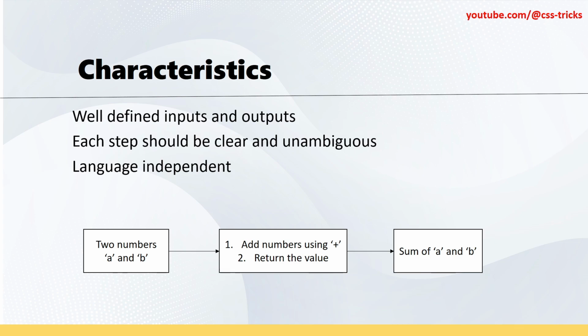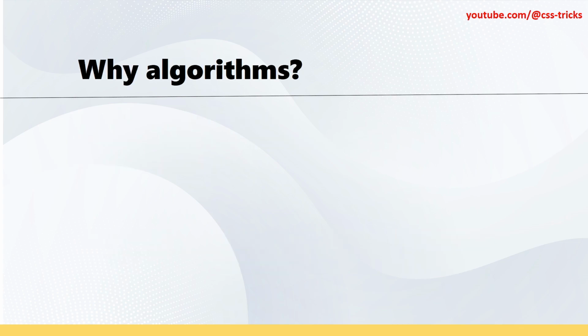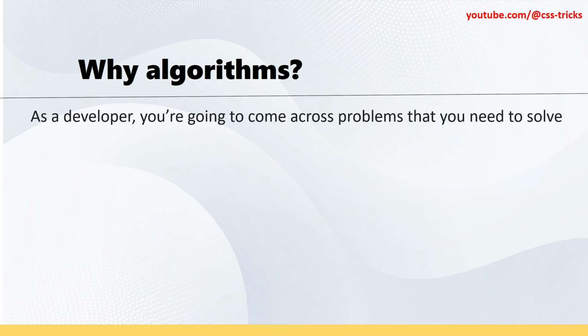And you can see that is the case with our example as well. It is just a sequence of instructions that can be implemented in any language. Although I had mentioned we would be using JavaScript to write our code, the algorithm itself is by no means related to JavaScript.